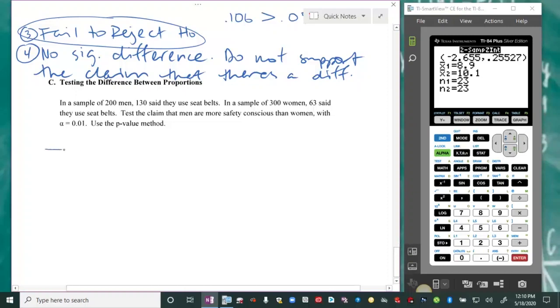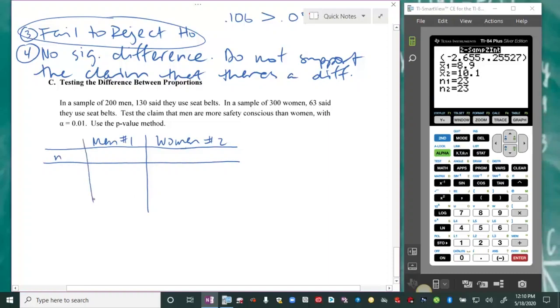So I'm going to go ahead and set up a chart here. We've got men, and we're going to call them sample number 1, and women, we're going to call them sample number 2, just because of the order that they came in our problem. As I put this together, I've got the sample sizes 200 and 300, and I have the favorable outcome.